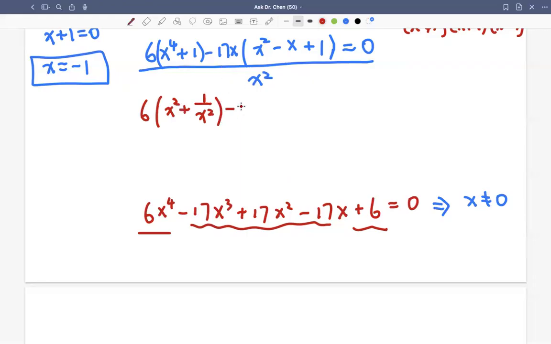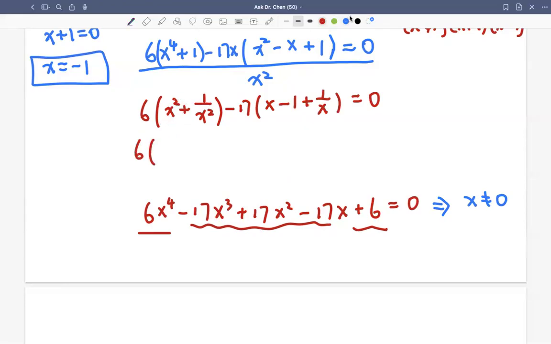Then minus 17. Now, x divided by x squared just becomes 1 over x, then x squared divided by x is just x, then x divided by x becomes 1. Then we have plus 1 over x. Okay, beautiful.